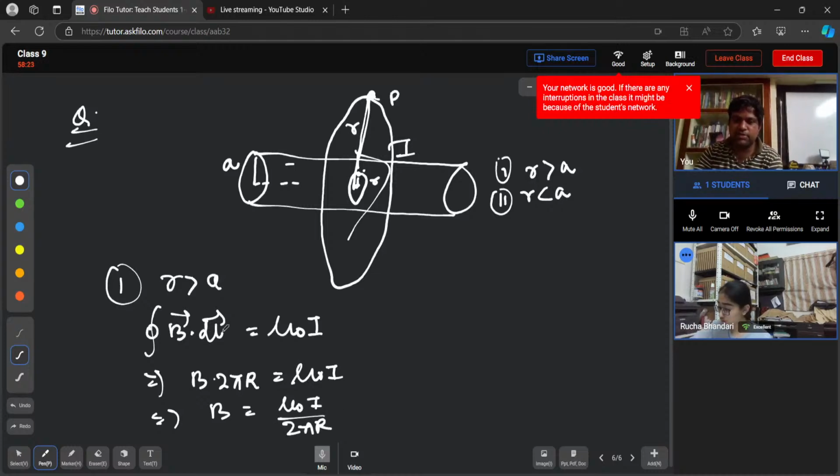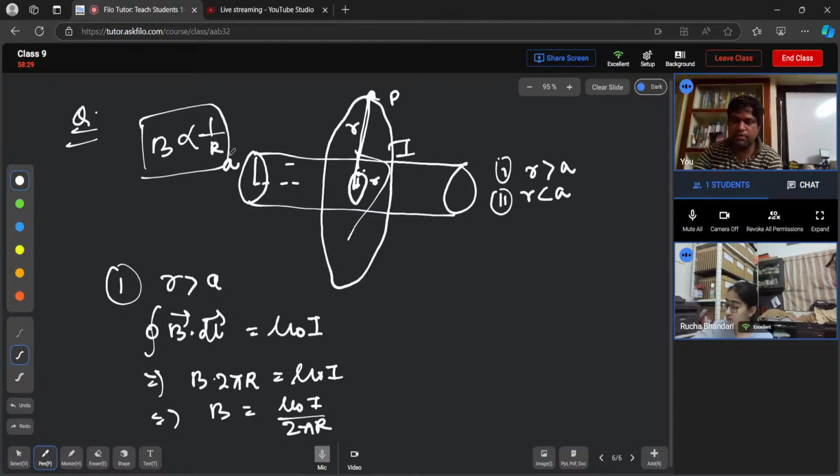That means B is inversely proportional to radius r. That means if you draw a graph, when distance from the conductor will increase, magnetic field will decrease.